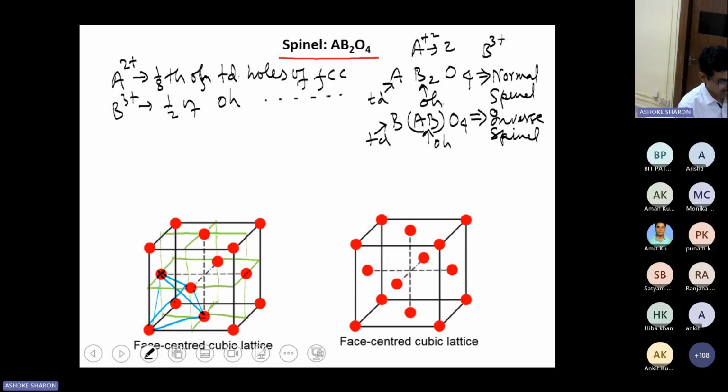So you see, there are 4 lattice points here. I can number them 1, 2, 3, 4. And it is a tetrahedron which does not have a central lattice point. This central point is missing a lattice point, but if you place one point there, then a complete tetrahedron will be formed.